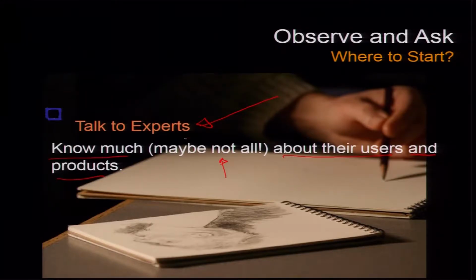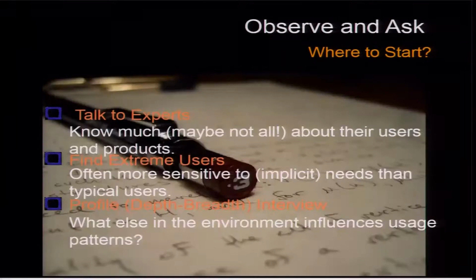So, talking to some experts who are really experts in the business would help you to gauge the observations that you are making continuously and to go to the next step in order to refine the observation. Some knowledge base would really be helpful at this particular stage. You know what is existing where you did not work, or what is not existing where there may be an innovation. So, you talk to experts and maybe find extreme users.